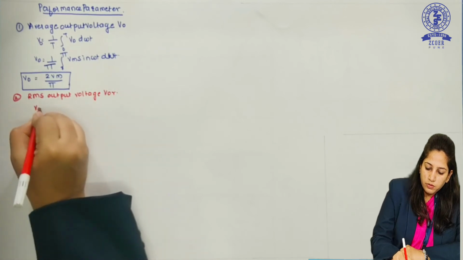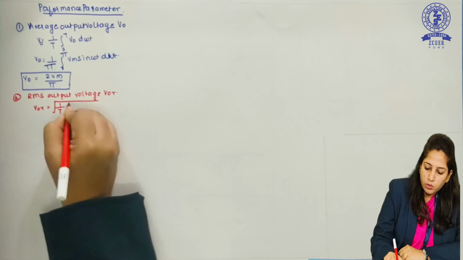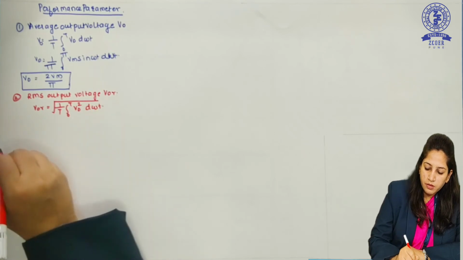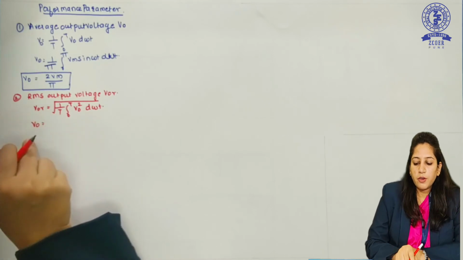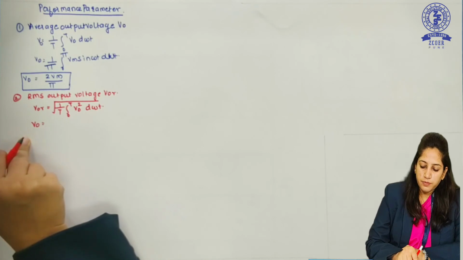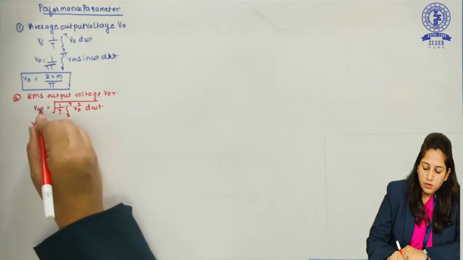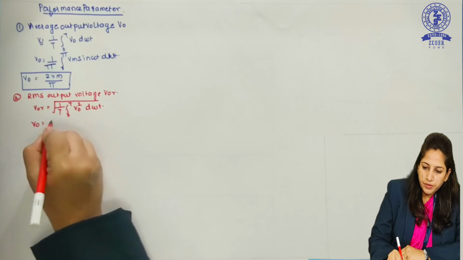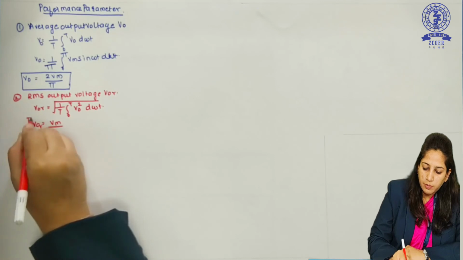VOR is equal to square root of 1 upon T, 0 to T, VO square d omega T. I have solved every equation in the full wave center tap rectifier. So the RMS output voltage here will be Vm upon root 2.